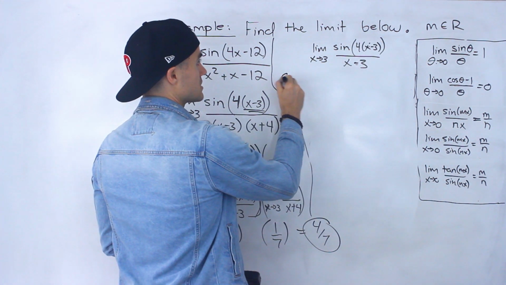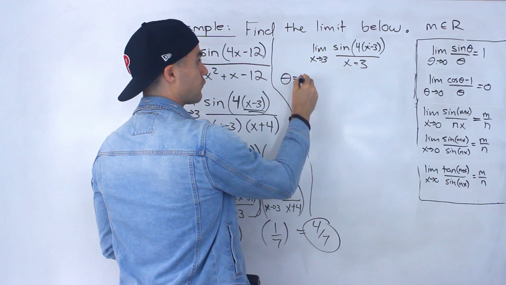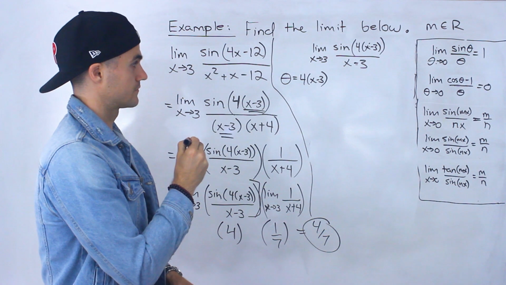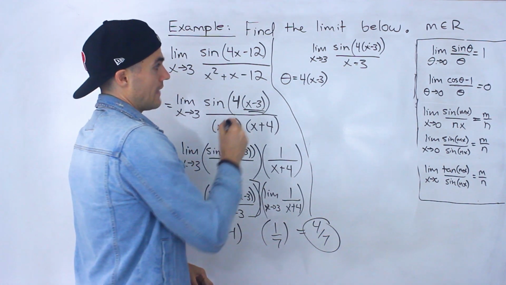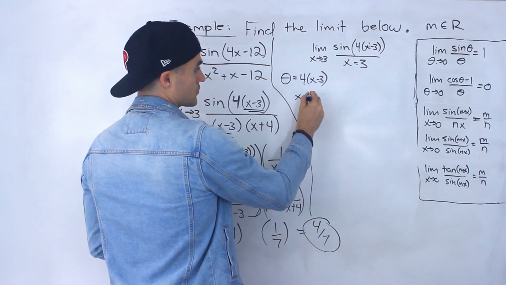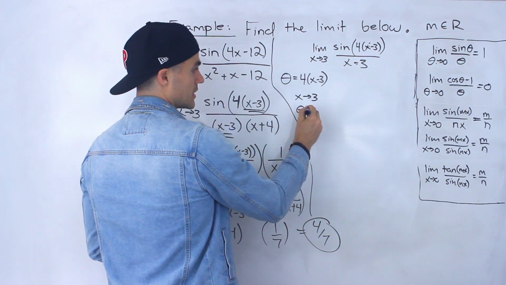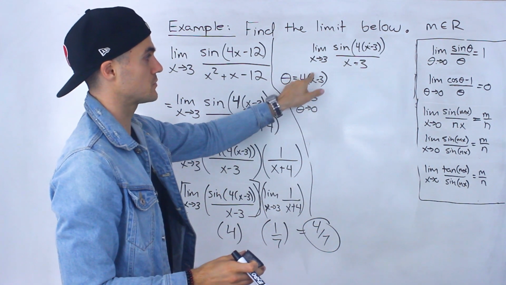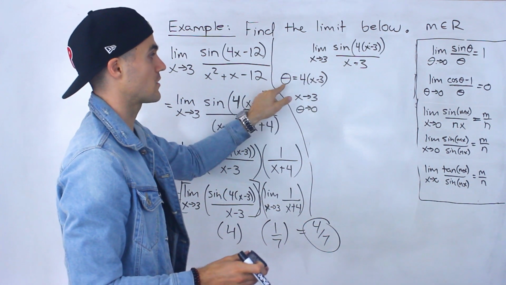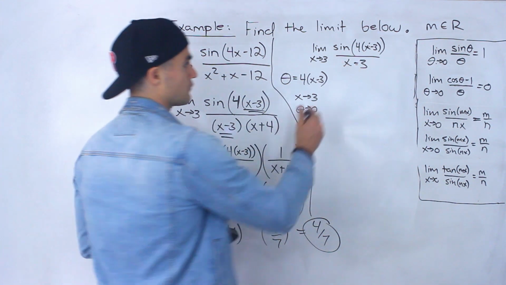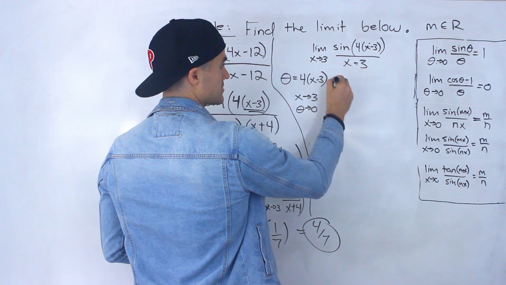So not just the x minus 3, but the 4 bracket x minus 3, like that. And then from here, notice that as x approaches 3, theta is going to be approaching 0, because as x approaches 3, we'll have 3 minus 3, which is 0 in this bracket, and then 4 times 0 is just 0 for the theta.